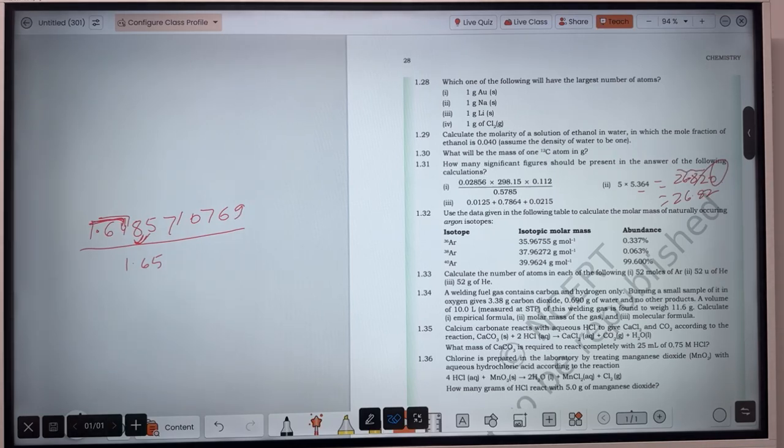That means these 3 values are added first. During addition and subtraction, we consider the number of digits after the decimal, and during multiplication and division, we consider the number of significant figures. In whichever case it is least, that will be the reported value.